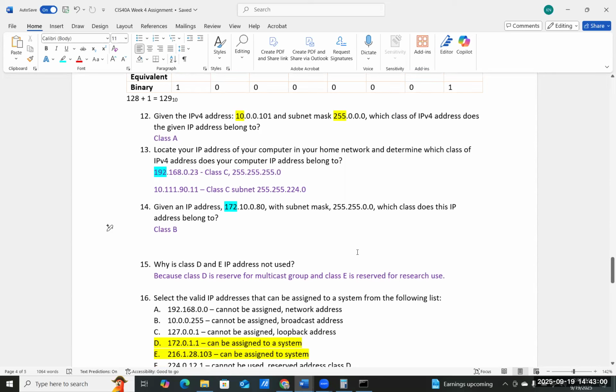Okay, so the takeaway from this section, right after the binary conversion, is to be able to determine which class your IPv4 IP address is, by looking at the octet and the subnet mask, and then understanding the range of your classes. Remembering those is important. That might come up on certification.